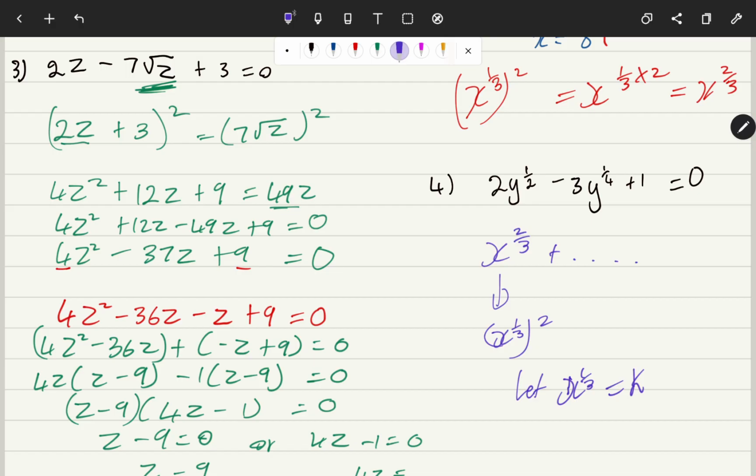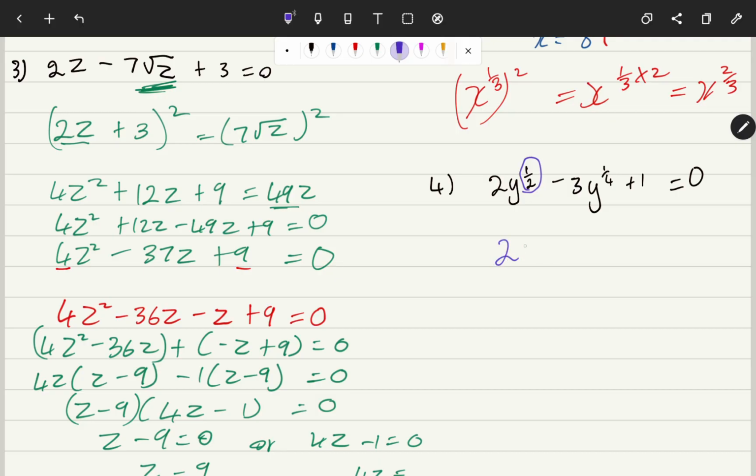Cool. I can do the same thing right here. The easiest idea that came to my mind is to write this fraction with the denominator 4.